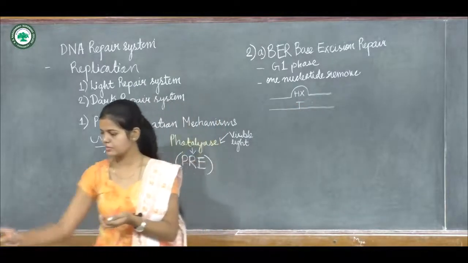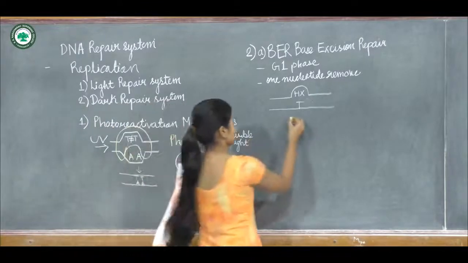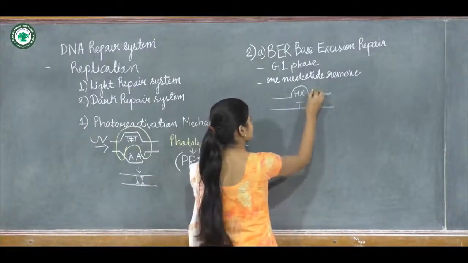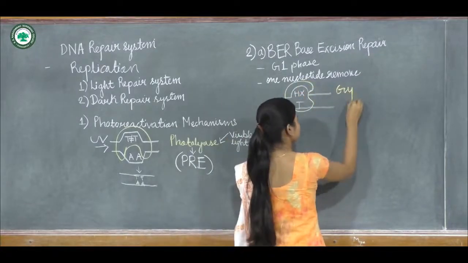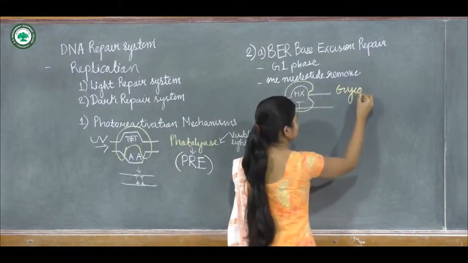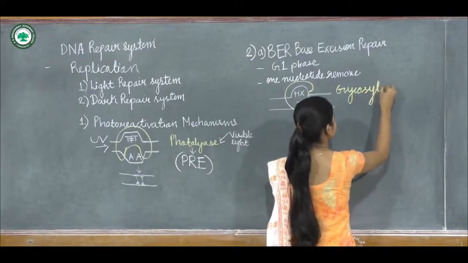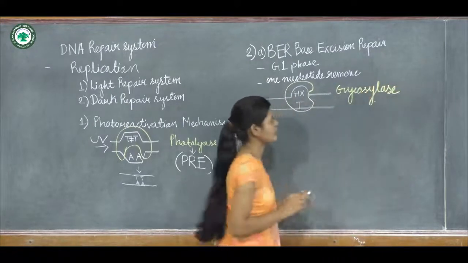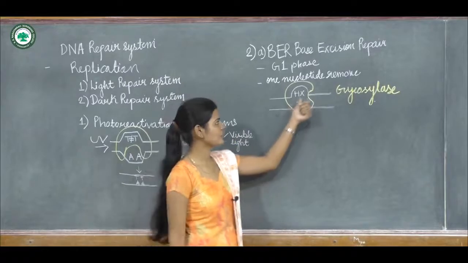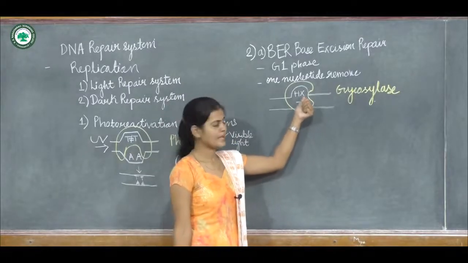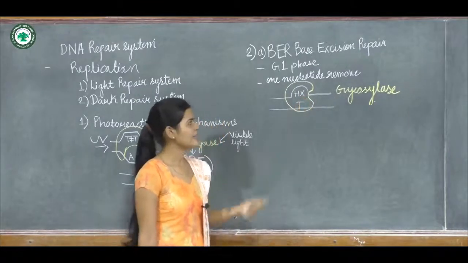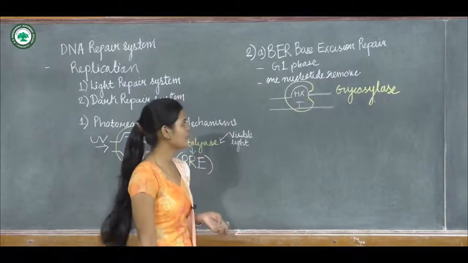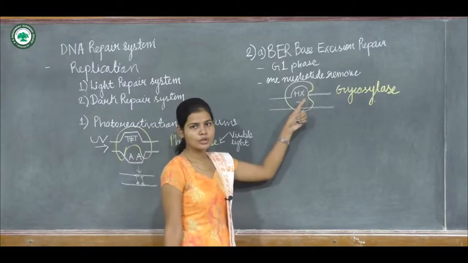So now this glycosylase enzyme will bind to the wrongly incorporated or mismatch site, and it will break the glycosidic bond of the nucleotide.